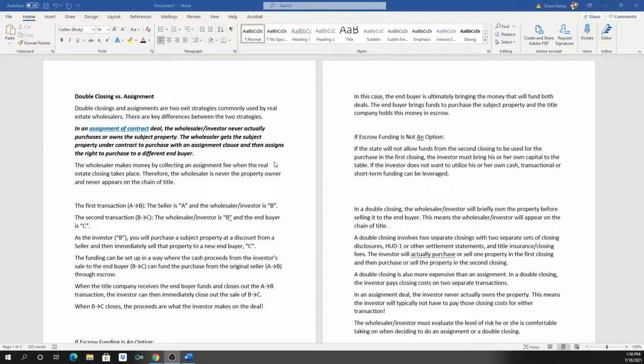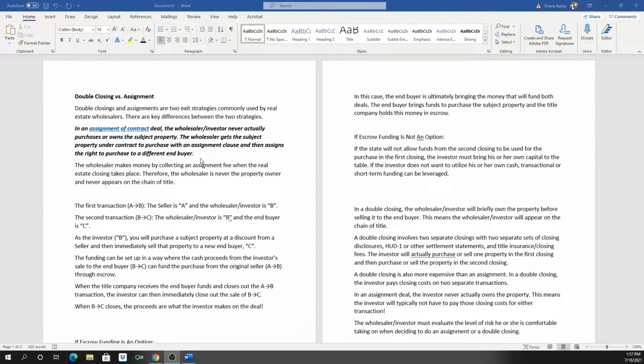Some things have changed recently, as of February of this year, 2021, so keep that in mind as well. If you're in Colorado, you want to make sure that you understand the assignment rules here too. Okay? But key point: make sure you have an assignment clause. I'll show you the Colorado contract here in a minute, how it reads and what you actually have to put into the state-approved contract in order to make sure that you're allowed to assign it.